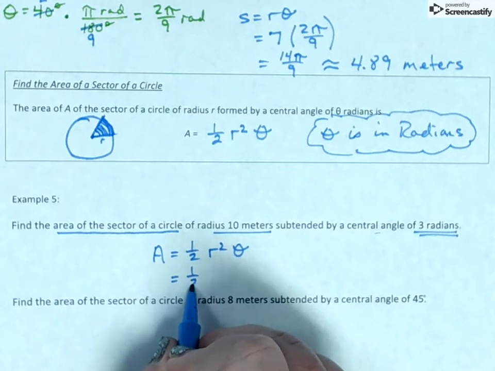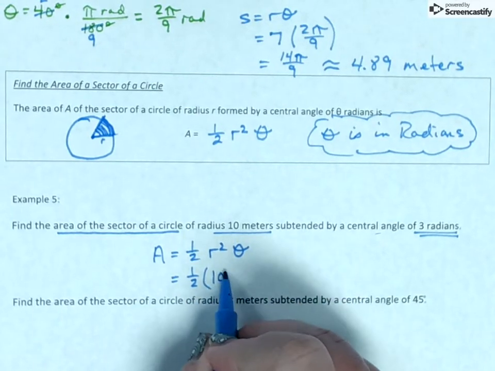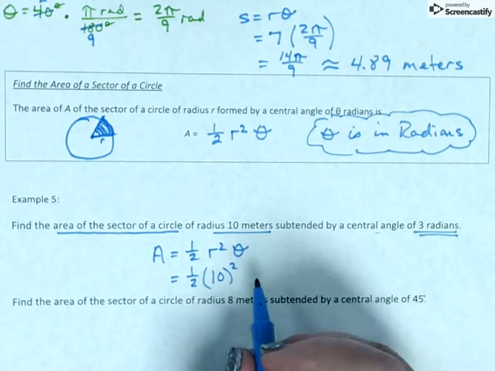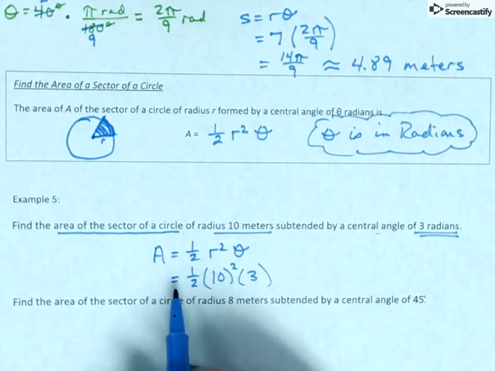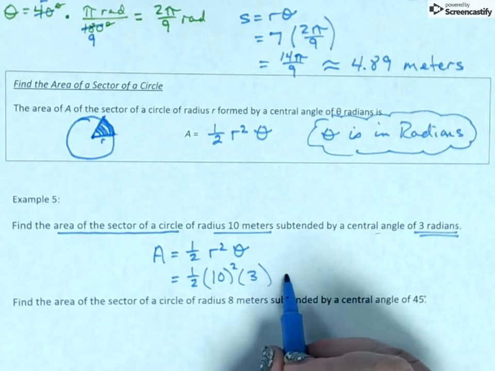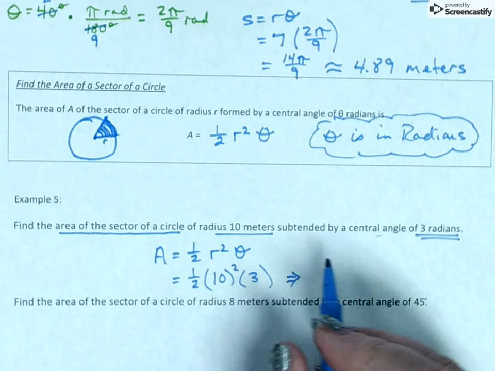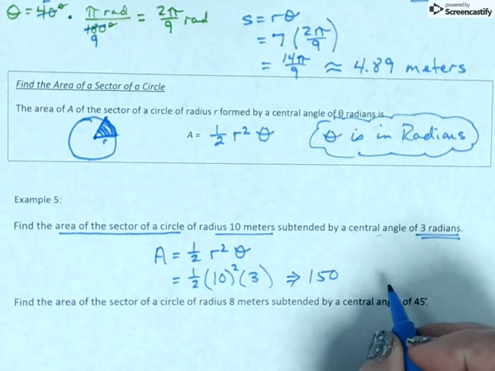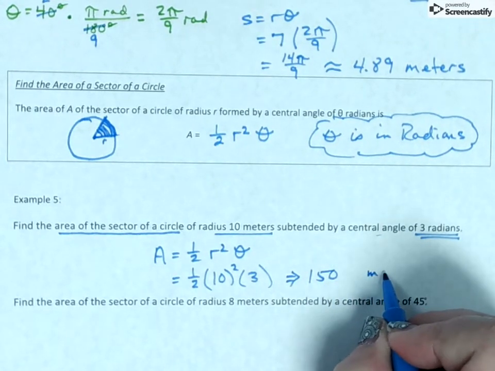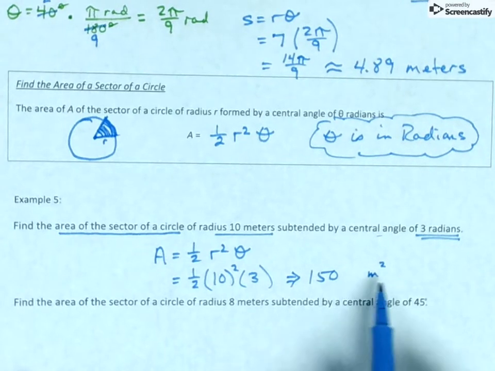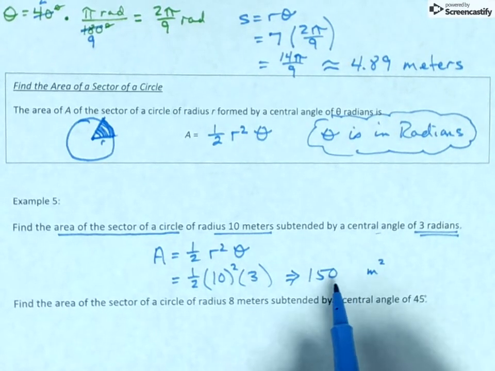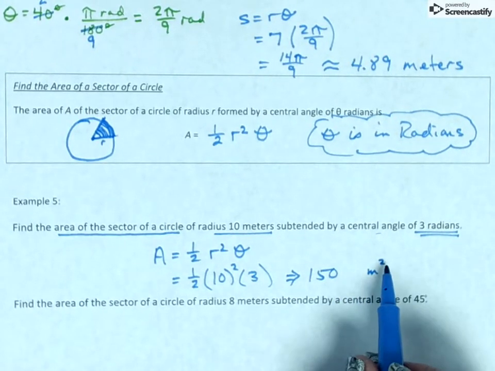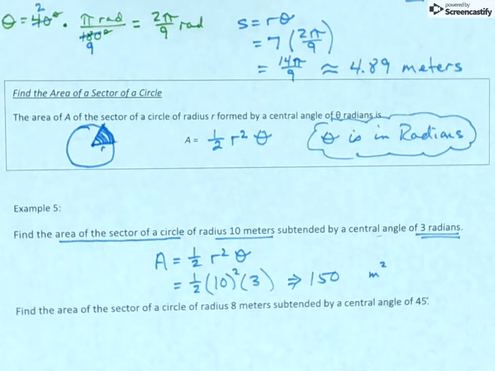So that's 1/2 times 10 squared times 3 radians. We multiply that together. That equals 150 square meters, because that's an area unit of measure, so it's 150 meters squared. Remember that area units of measure are squared.